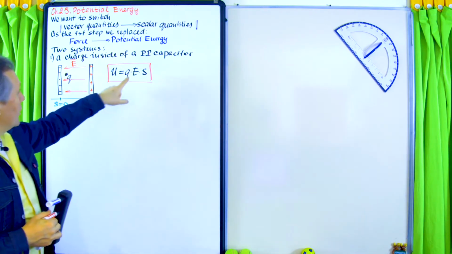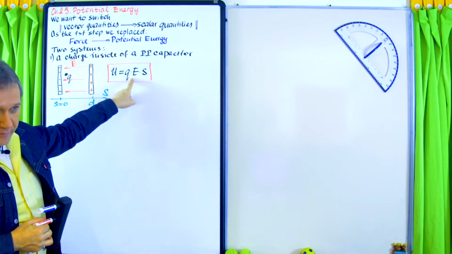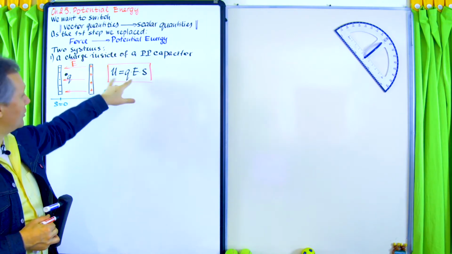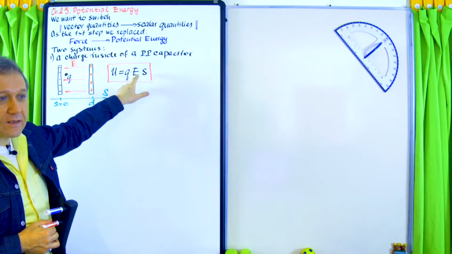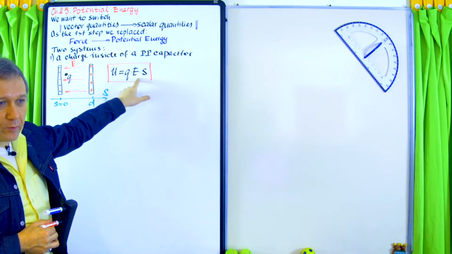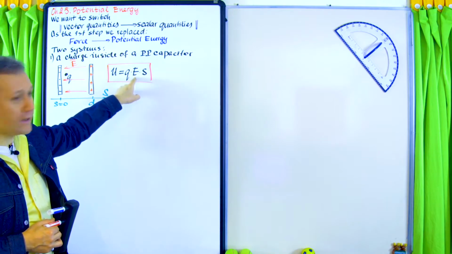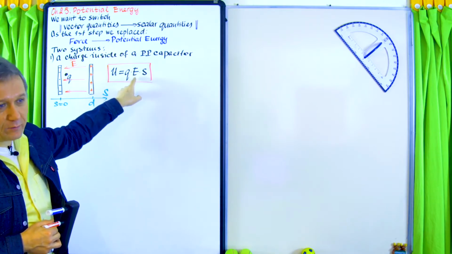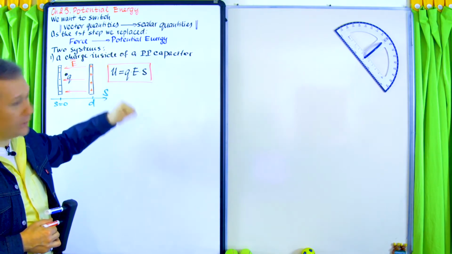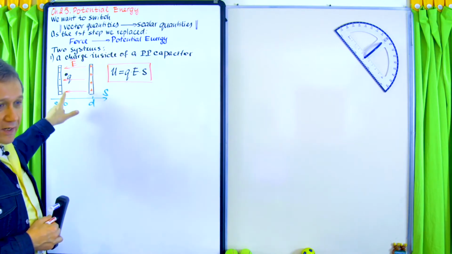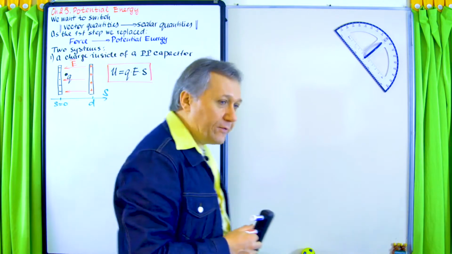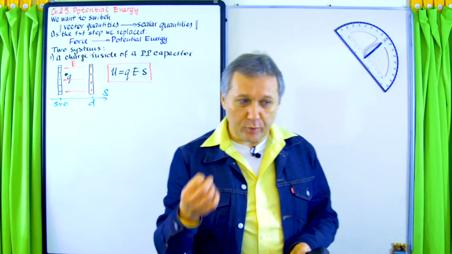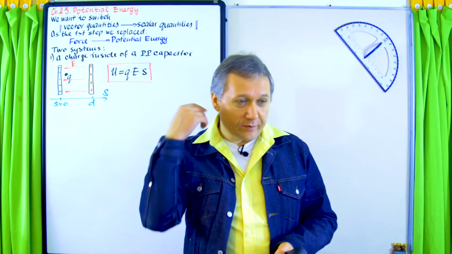And look, charge can be positive or negative, so it can change the sign of the potential energy. Careful. Electric field here is an absolute value. If you remember how we derived it in the lecture, the electric field here is the absolute value, just a positive number. S is the distance from the negative electrode. Also, in the lecture, I told you that it is very important to know where the reference point is.